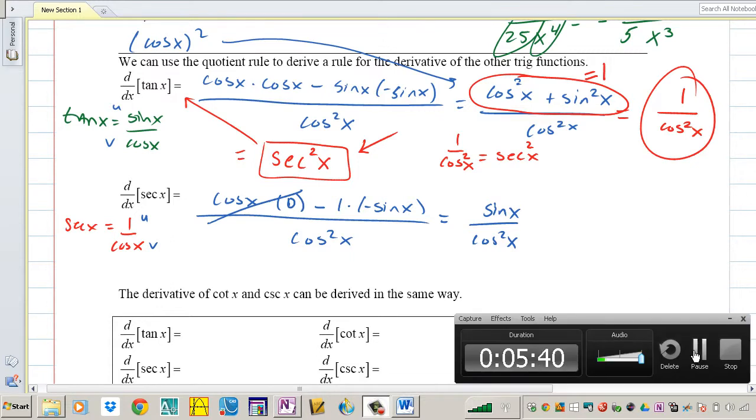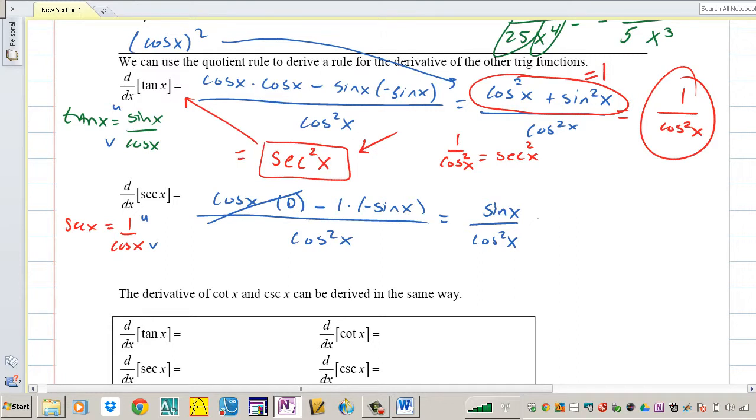Let me see what I just did. Hold on. Okay, we're good. I thought I had made a mistake. So this is my derivative, but I don't like having fractions as my derivative, so I'm going to change this to something else. I notice that I have a cosine squared, so I'm going to write it as 1 over cosine times sine over cosine.